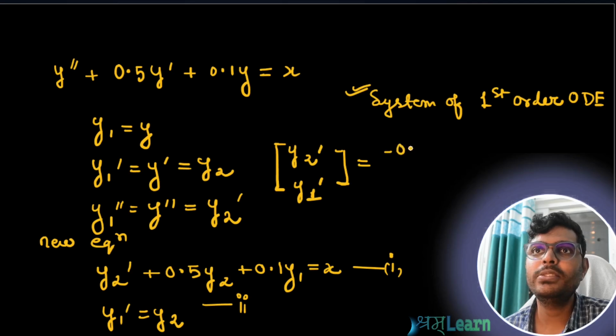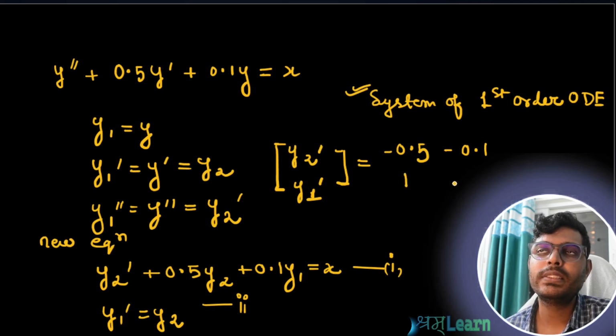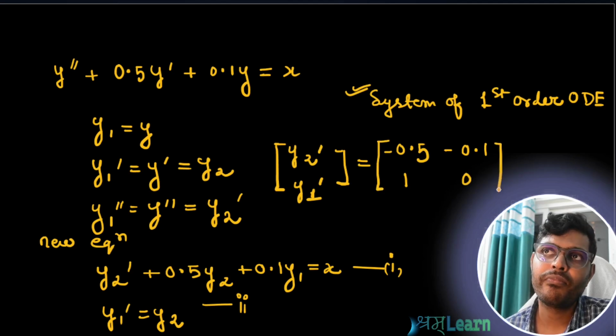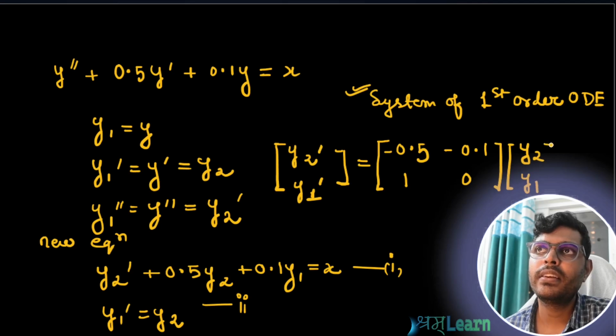You have minus 0.5, minus 0.1, okay, and you have 1 and 0. Fine. And this is nothing but y2, and this is nothing but y1, and then I have 1 comma 0 x.